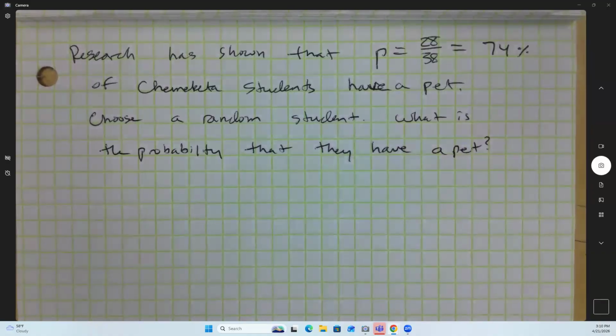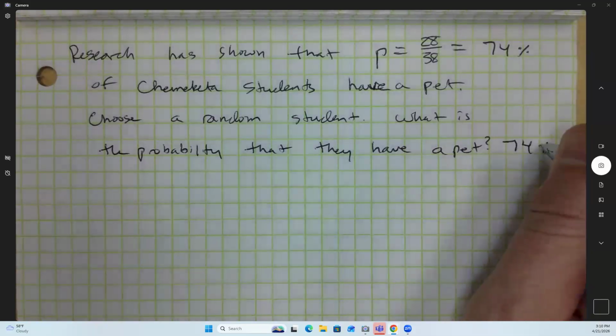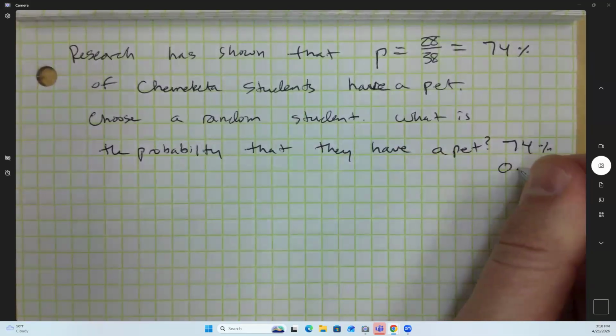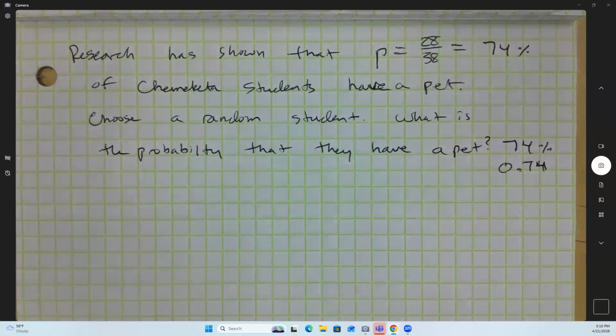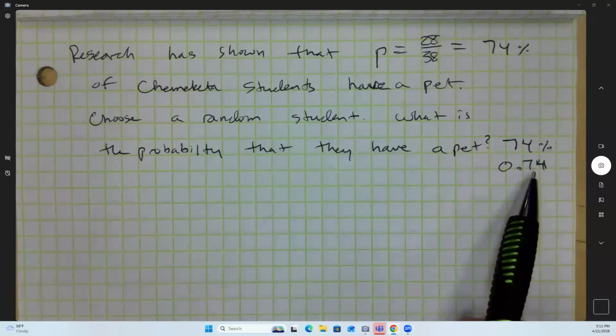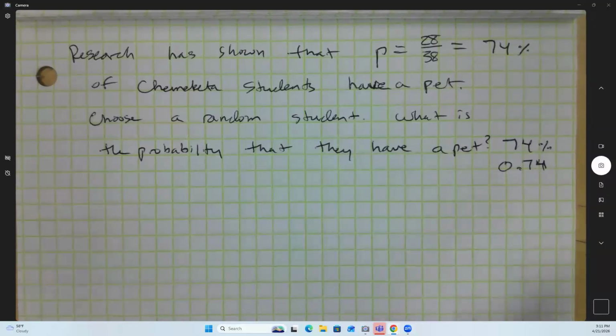Answer? 74%, or 0.74. Right? That's what probability means. It's our best guess based on the data that we've collected. Now, that's not 50-50, but someone either has a pet or they don't. Right? So it is binary, yes or no, but that doesn't mean the probability is 50-50.